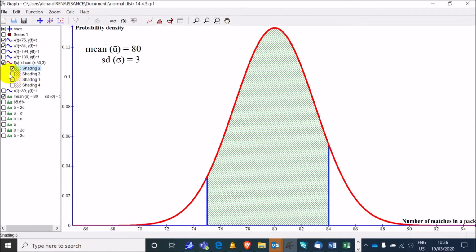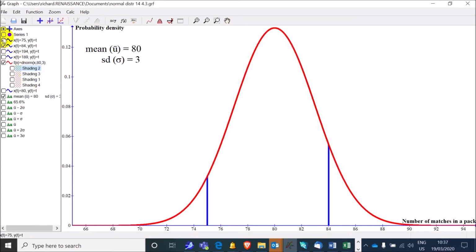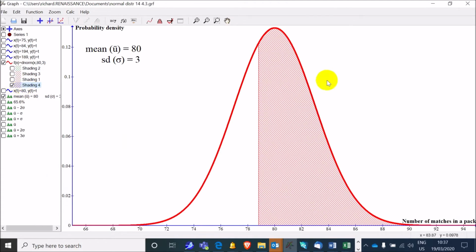There's one more thing left that your calculator can do. And suppose I have a shading like this. But I don't know what this number is here. I don't know what the left boundary is.